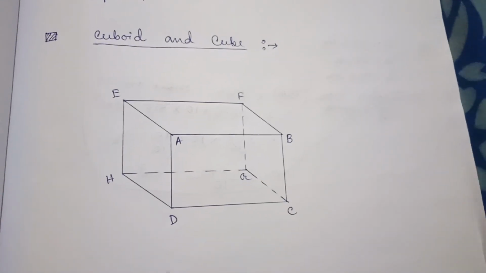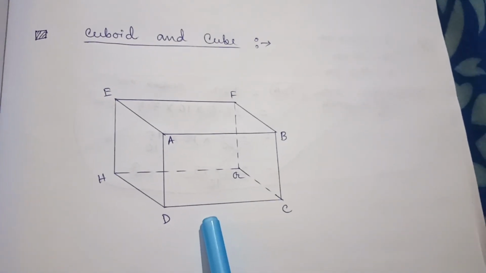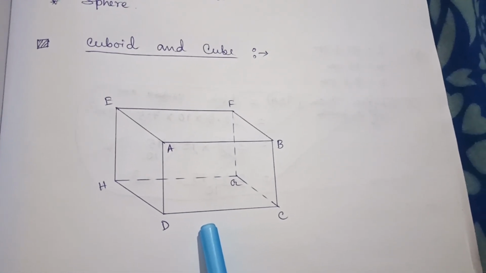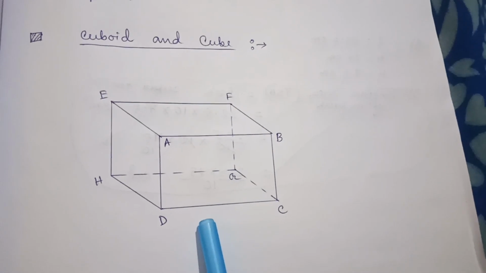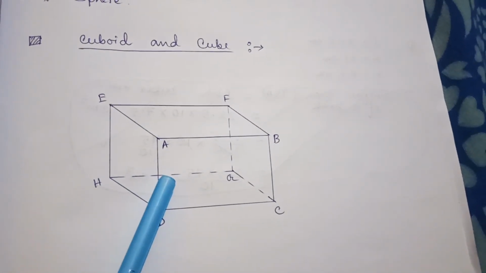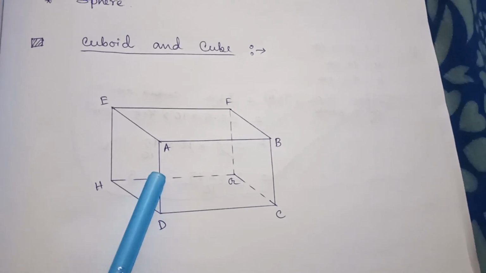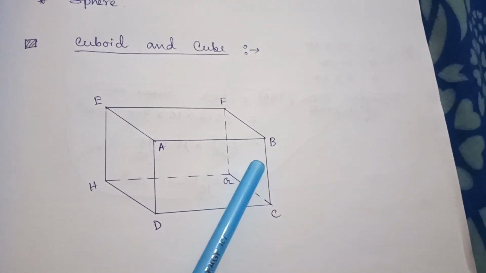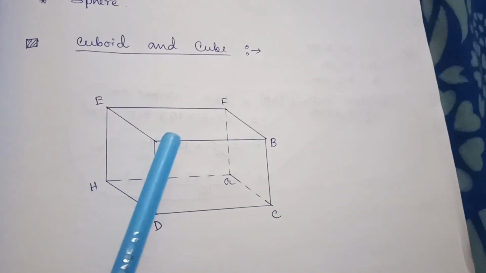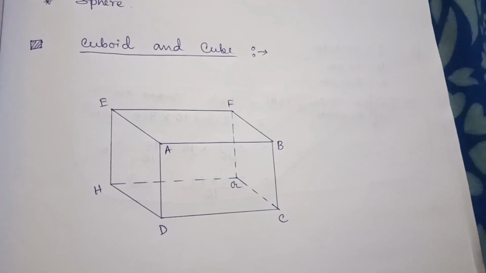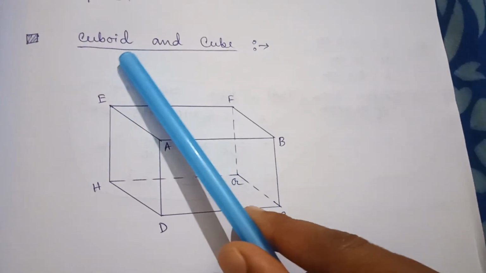Look at the figure. This I have drawn is a box-like figure, and it is a cuboid. Now what is a cuboid? When you have a box-like figure and all its surfaces are rectangular in shape, then this will be called a cuboid.